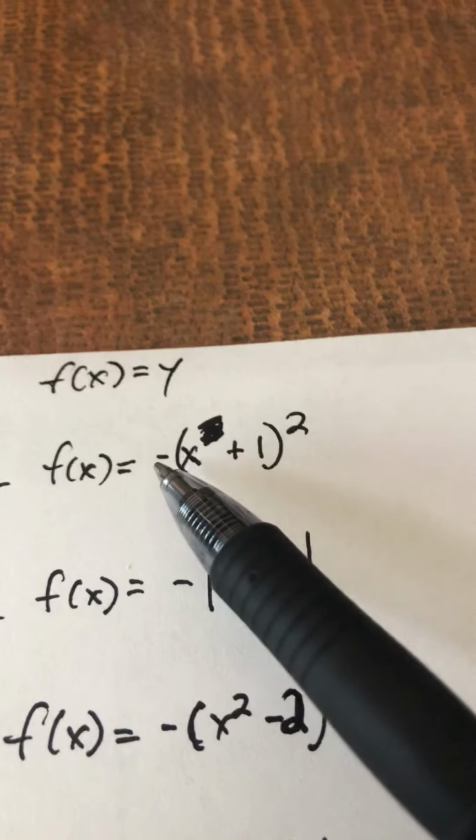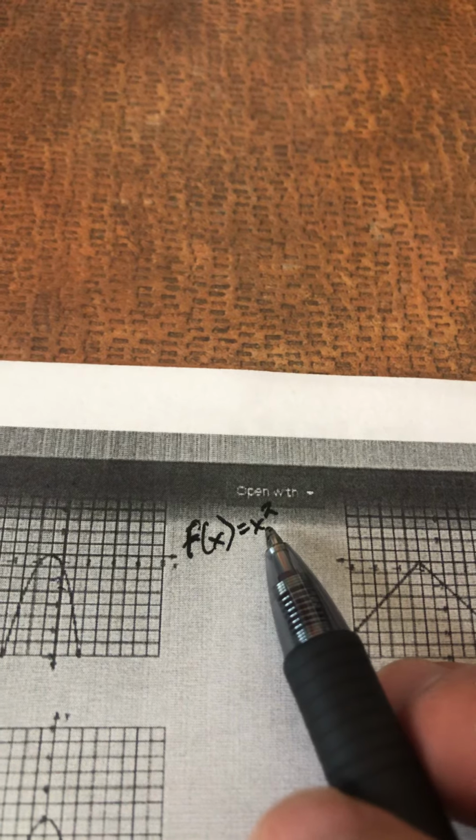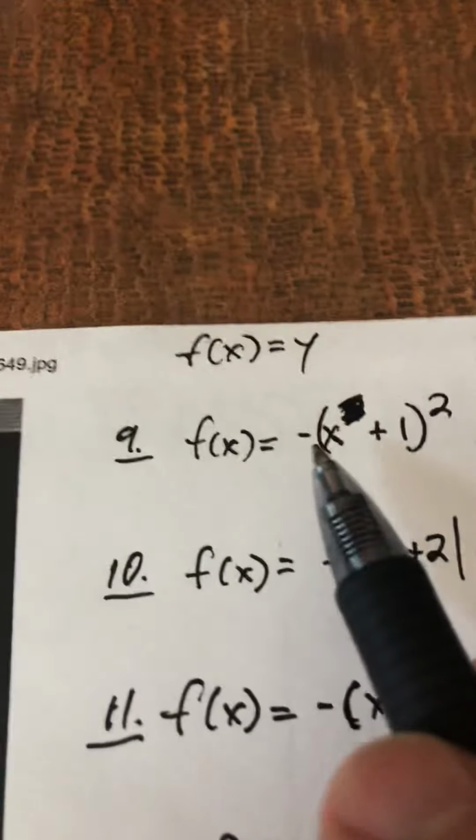So it is flipped. So I have a negative here, and then the parent function of this would be f of x equals x squared. Okay, that's the parent function. So how did that change? Well, it's been flipped, so it's negative.